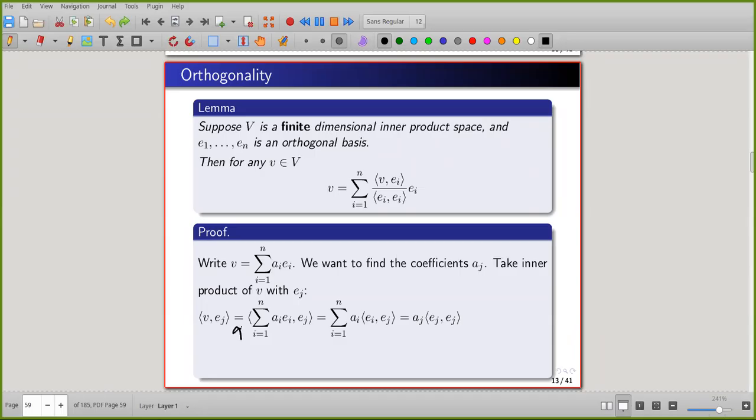The first equality is by definition, the second is by bilinearity, and the third one is because the e_i's are orthogonal. And so we get that a_j is equal to the inner product of v and e_j divided by the inner product of e_j with itself. So that proves our lemma.